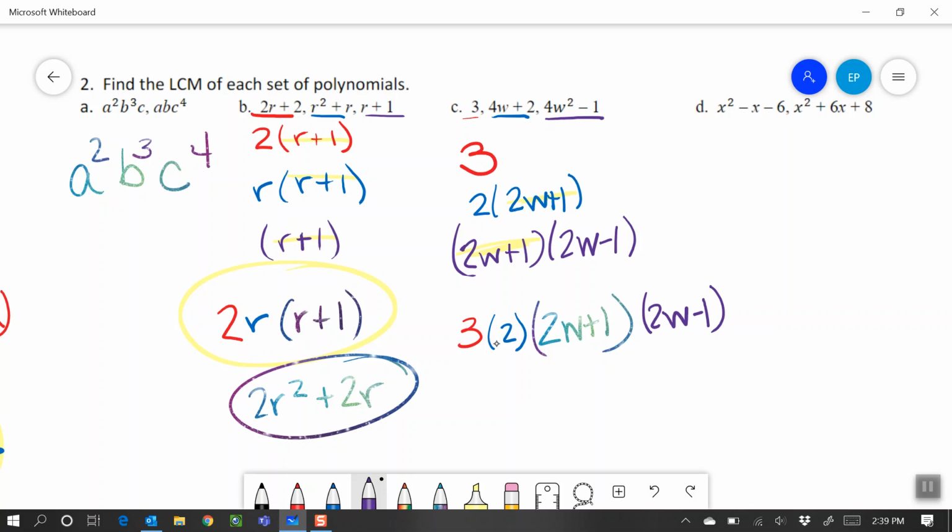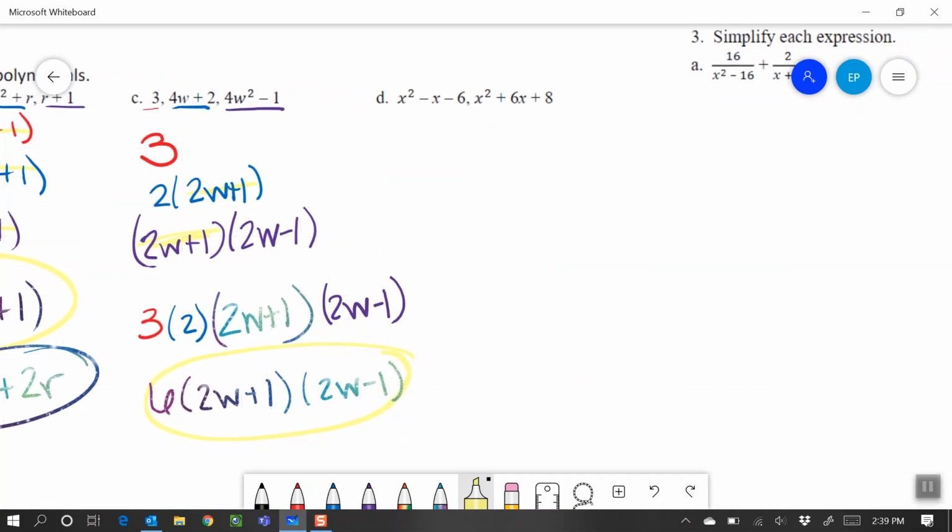Numerical numbers need to be simplified. I don't care if you simplified the back end, but it's just helpful of simplifying your multiplication. Also, you're supposed to. So this would be 6 times 2w plus 1 times 2w minus 1. And that would be your simplified answer. And you could multiply that through as well.